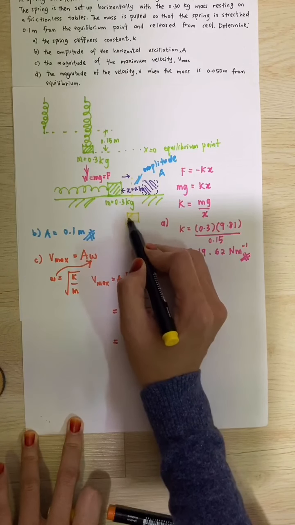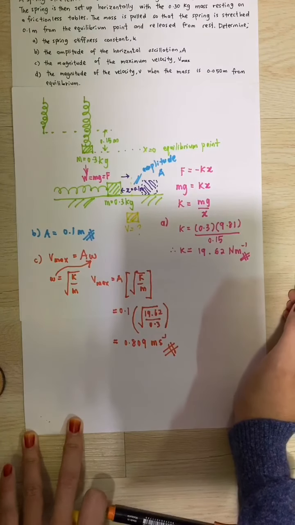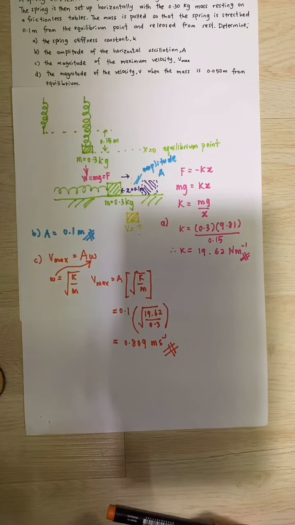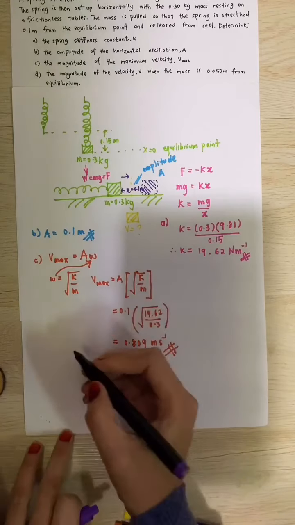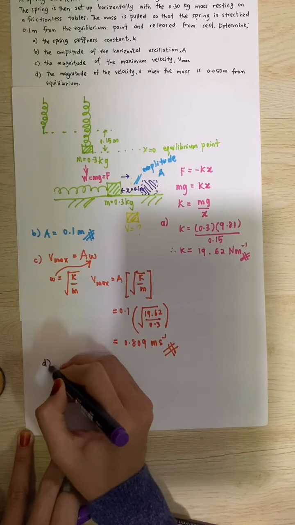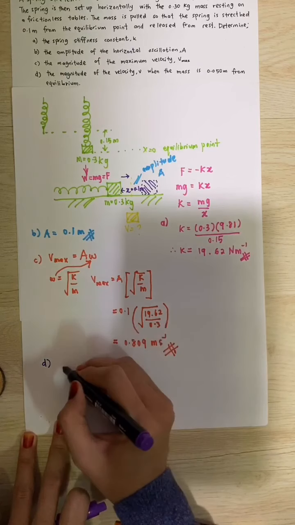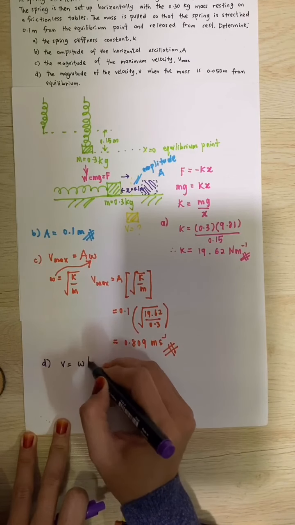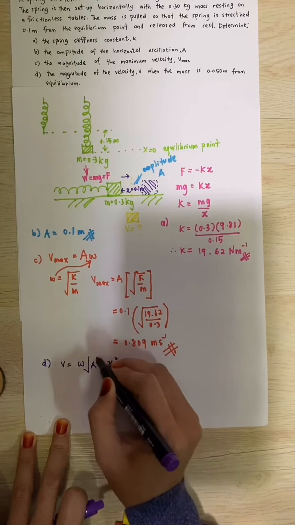When the mass is here, what is the velocity? To solve this, we have the formula V equals omega times the square root of A squared minus X squared.